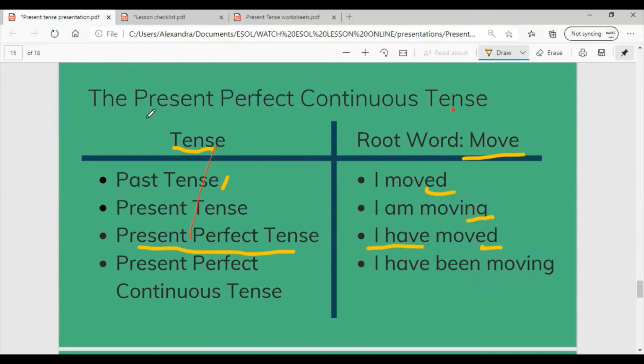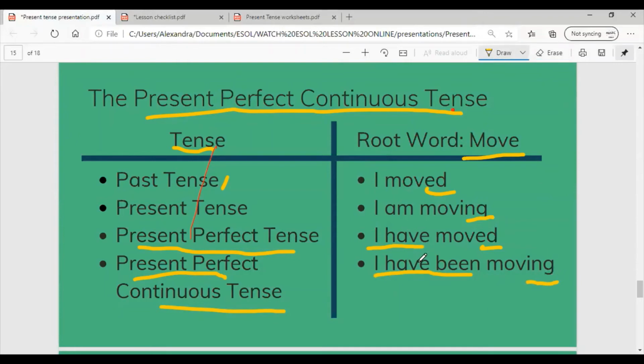But now when we look at the present perfect continuous tense, we'll see here that "I have been moving" with an "ing" ending is what the present perfect continuous tense looks like.